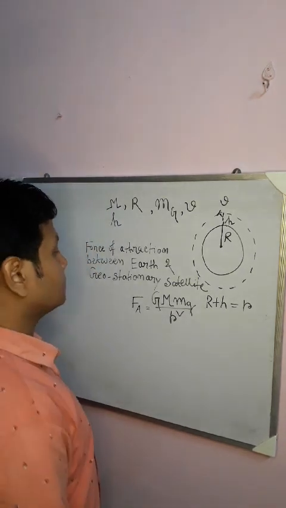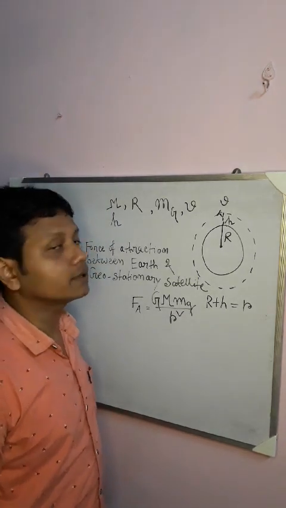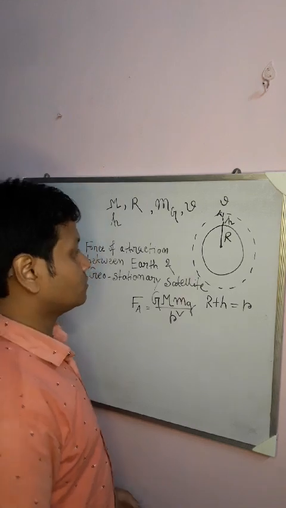So this is the force of attraction between the Earth and the geostationary satellite. This is equation 1.